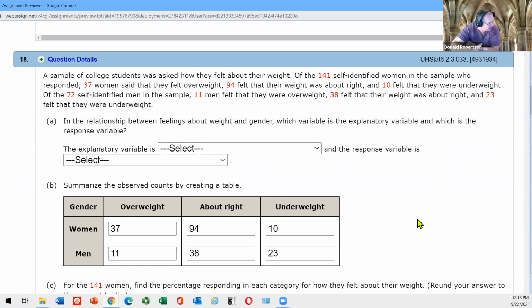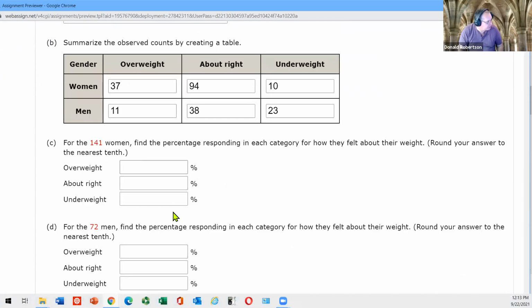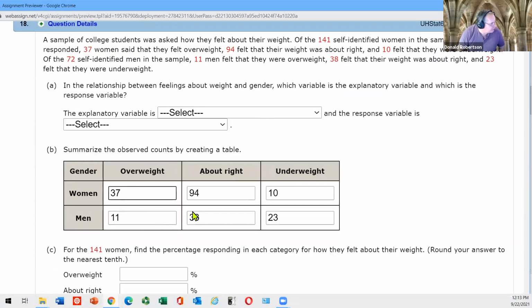So I'm just going to pick the overweight number, but you should do it to all the others. And here are the percentages. This is them going down here. So for the women, for instance, overweight was 37 out of 141. And then you multiply that by 100.